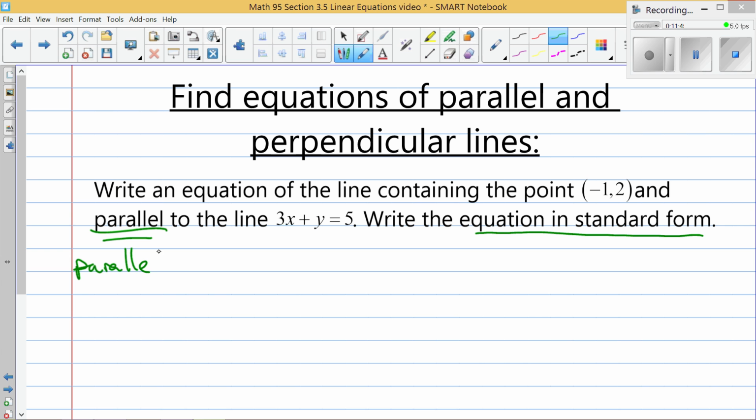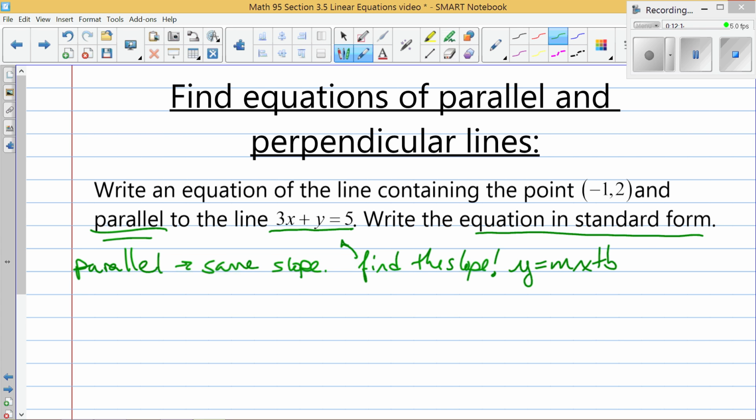Parallel means same slope. So to begin this process, I want to be parallel to this line, which means I need to find the slope. Which means, all of these implications, this means I need to get this into slope-intercept form. It's almost there, but not quite, so let's get it there.